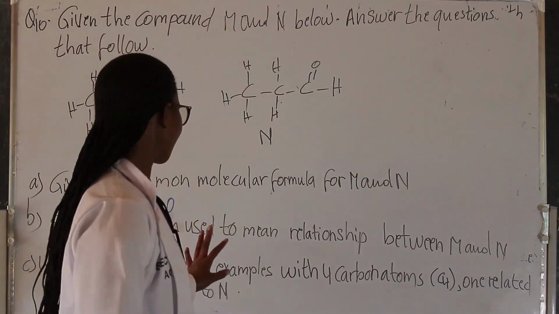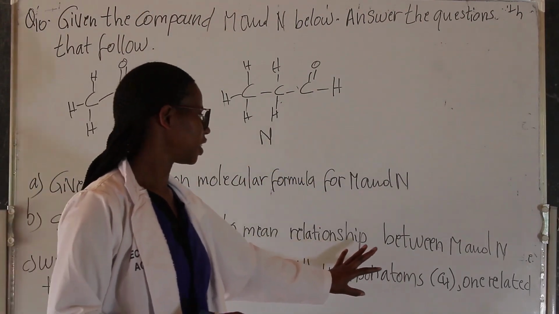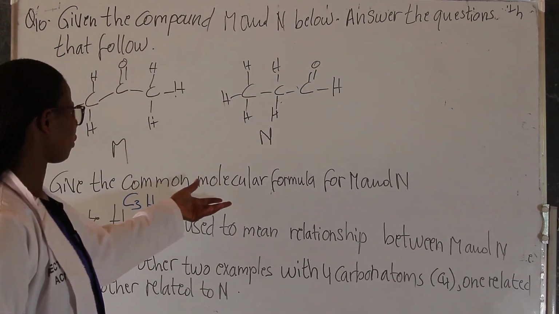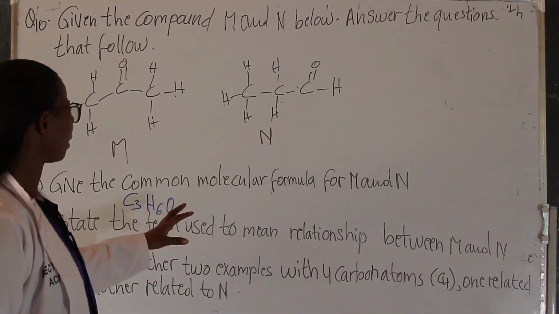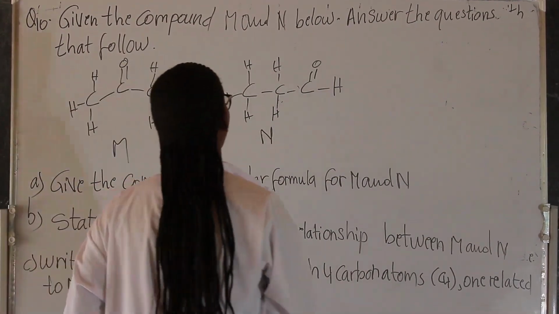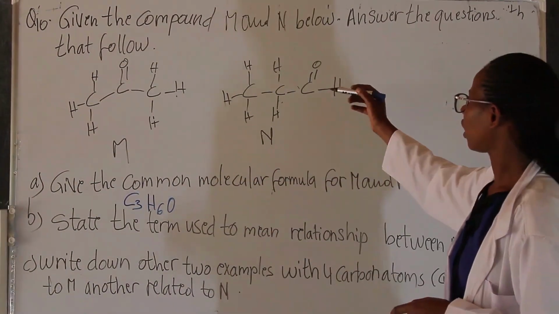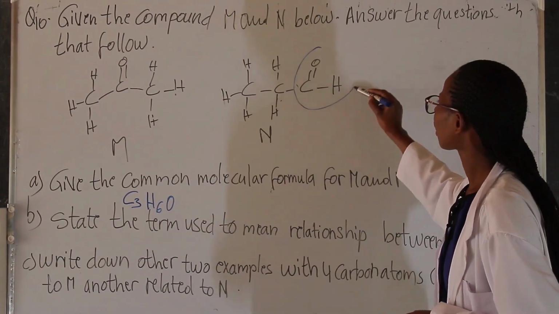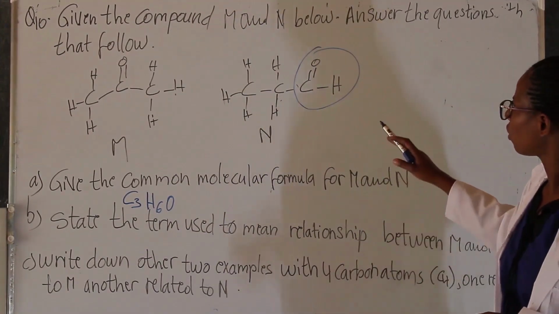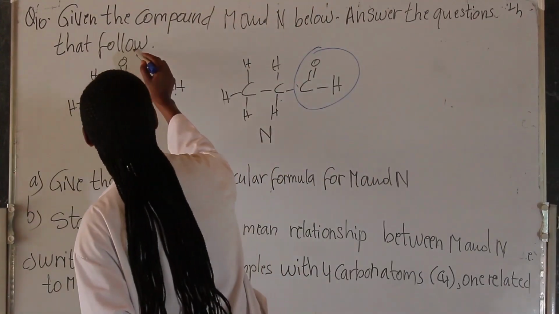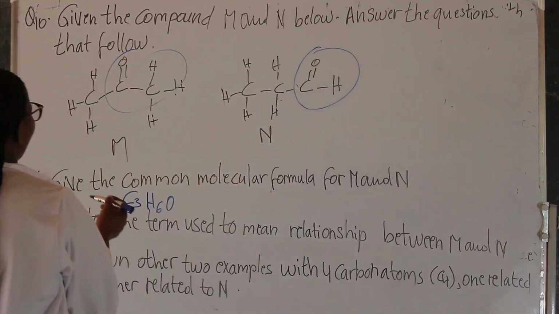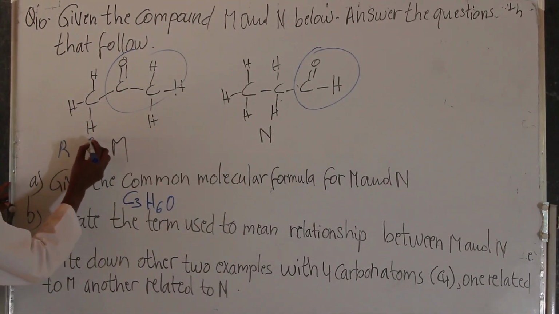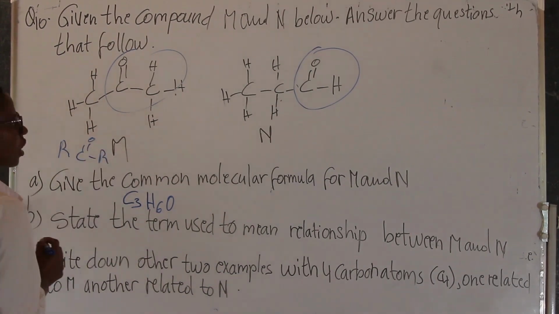Number B, state the term used to mean the relationship between M and N. As these have the same molecular formula, but they differ in the functional group. Here we have a ketone, as we have alkyl, C double bond O, alkyl.